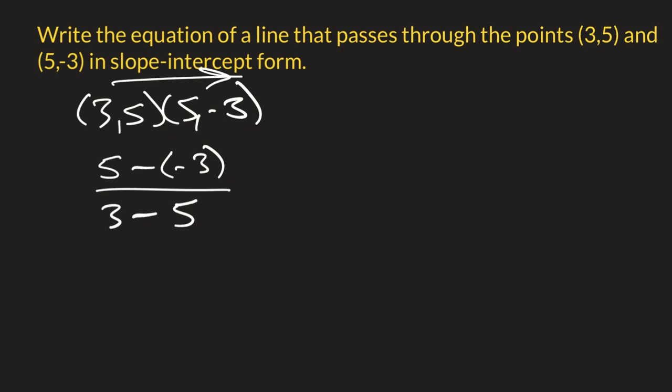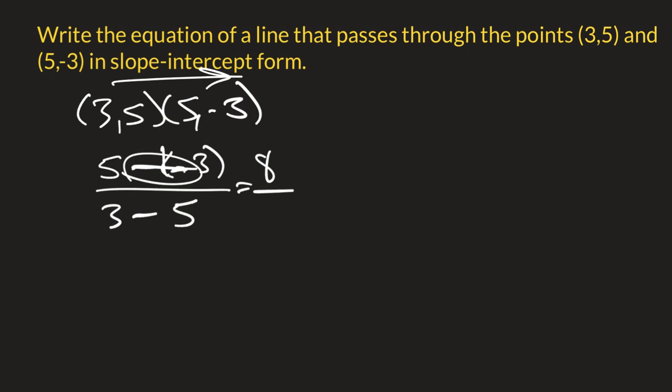Okay? So right up here, minus a negative, what does this minus a negative become? That becomes a big old plus. That is really 5 plus 3. And what's 5 plus 3? 8. And on the bottom, what's 3 minus 5?